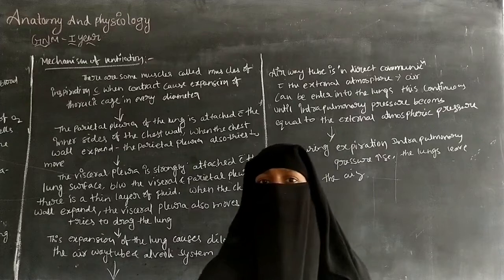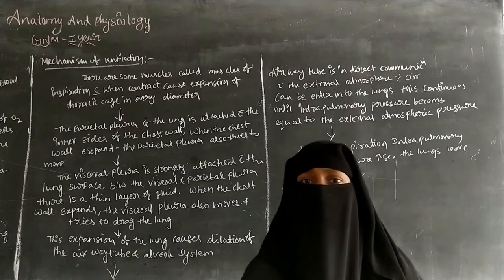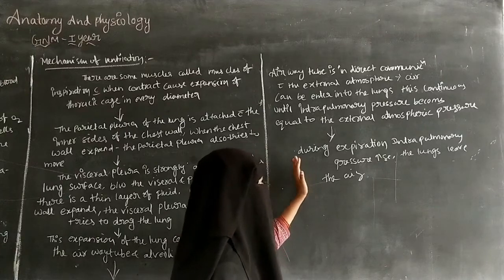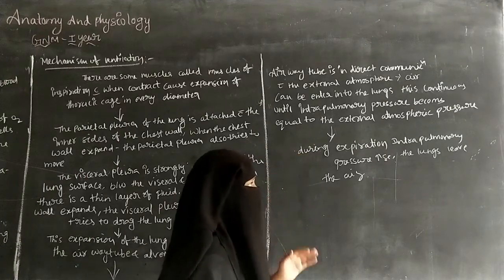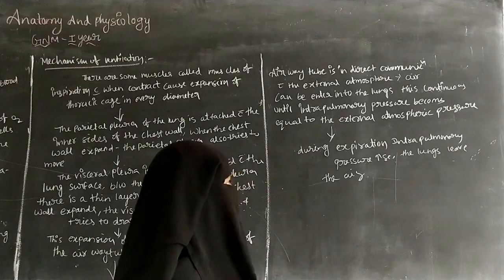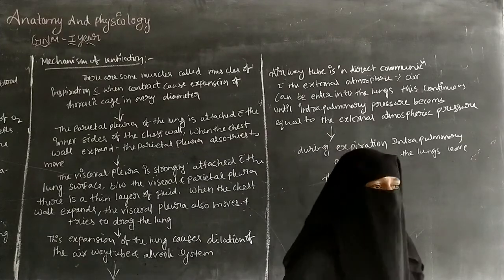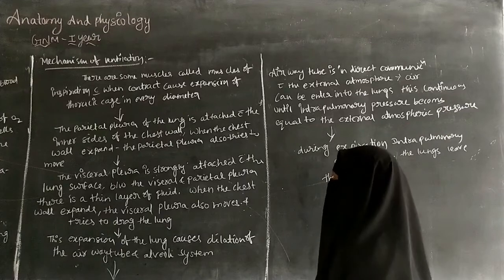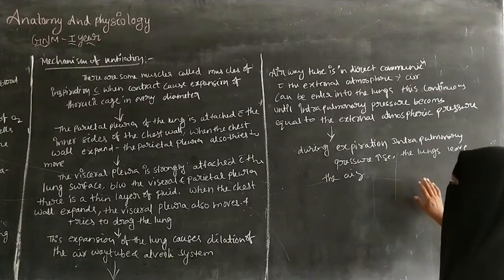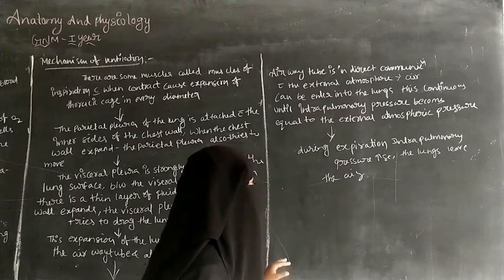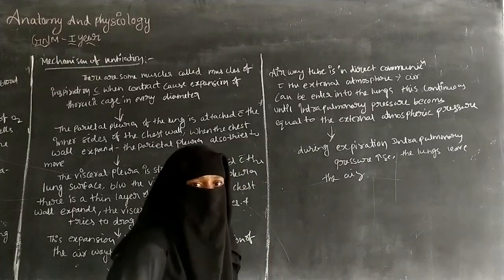Intrapulmonary pressure is the pressure within the lungs, relative to the pleural cavity. When expiration occurs, the intrapulmonary pressure increases and the lungs leave the air, until the intrapulmonary pressure becomes equal to the external atmospheric pressure.